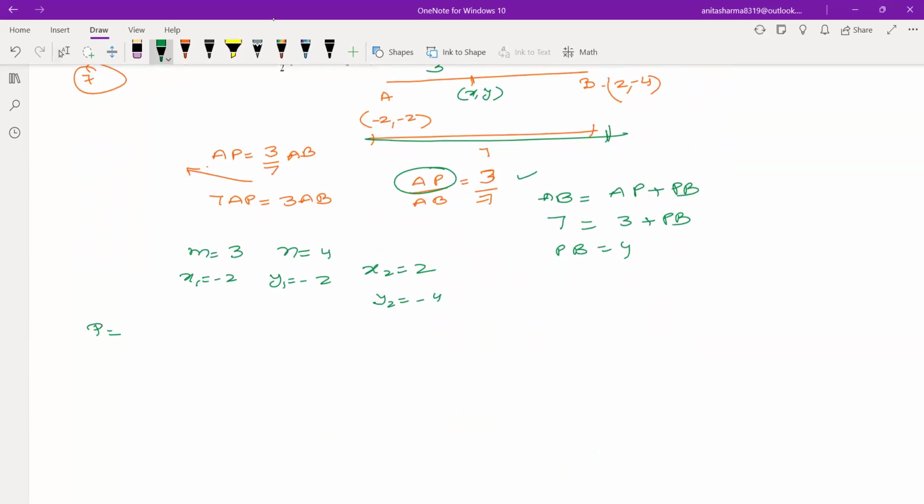Siddharth? mx2 plus nx1 upon m plus n, comma, my2 plus ny1 upon m plus n. Kindly solve it.